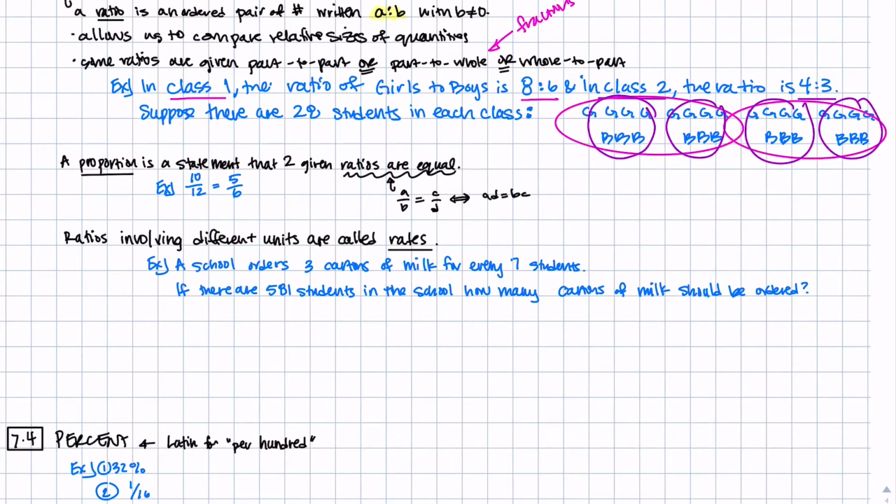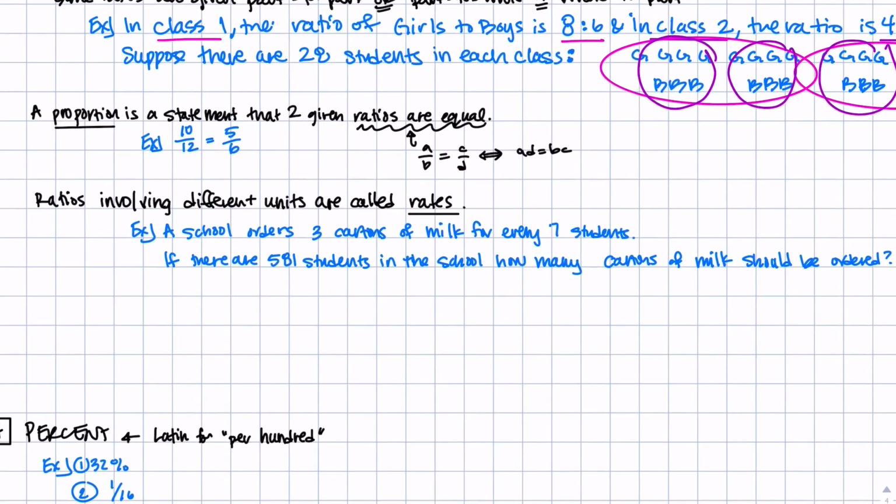We say that two ratios are equal or they represent the same proportion, basically if their fraction representation is equal. So a proportion is a statement that says two ratios are equal. For instance, an example of two equal ratios would be the ratio of 10 to 12 and the ratio of 5 to 6.